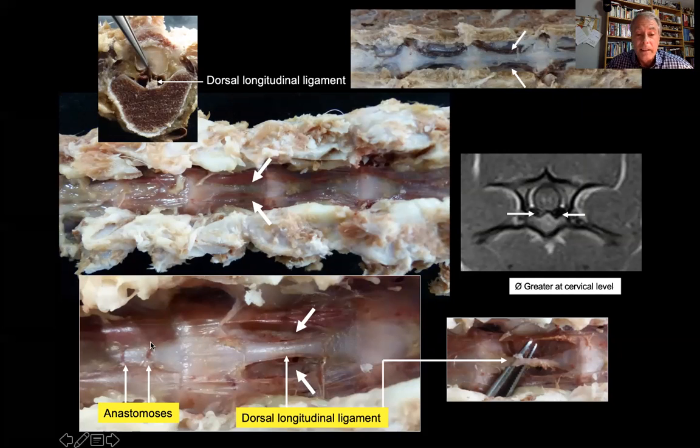Remember that from these two veins that form the plexus venosus on the vertebral aspect, on the ventral portion, there are connections dorsal and ventral to the dorsal longitudinal ligament, and there you have them. These are the connections between both veins.